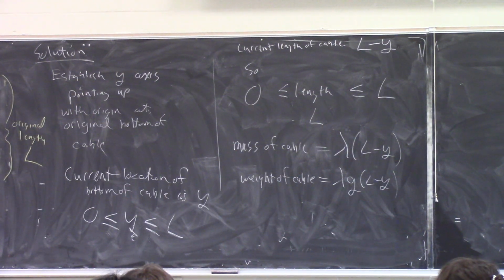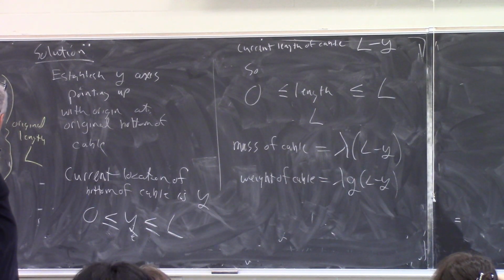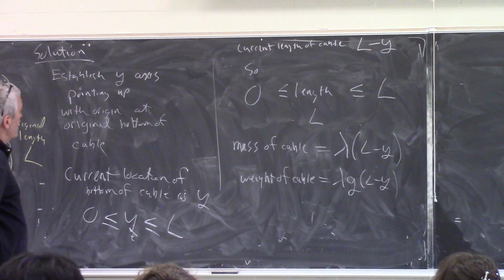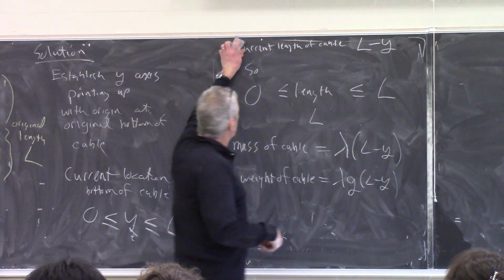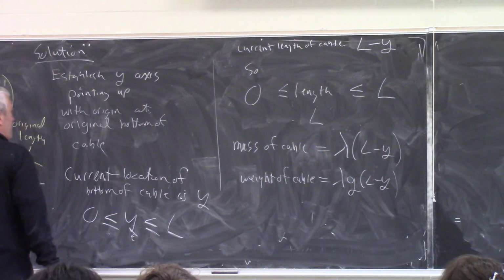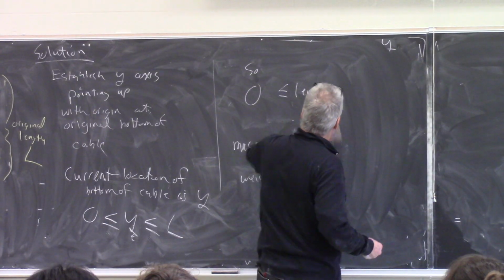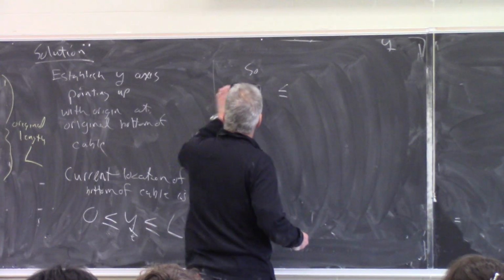Isn't your force still a function of y by itself because it's how much it's traveled? So it would still just be lambda g times y. Yeah, I'm going to do this a different way. The book does these a little bit differently, and I'm going to maybe change. Sorry about this. I just realized maybe I like the way the book does this a little bit better.